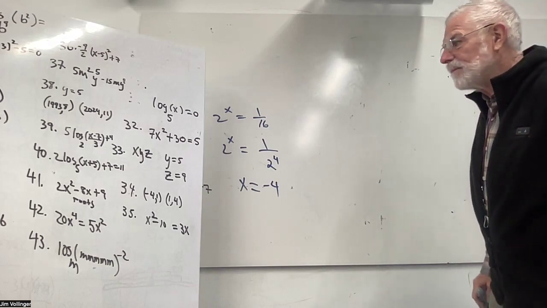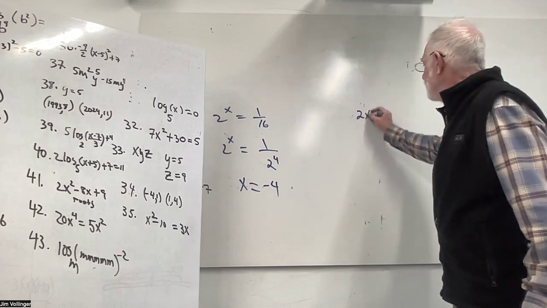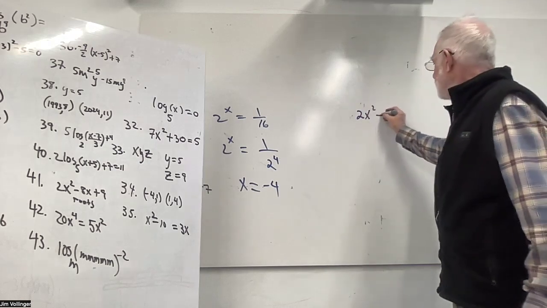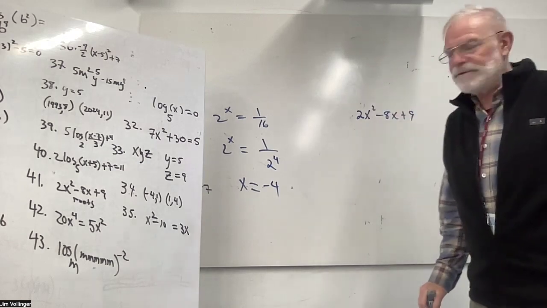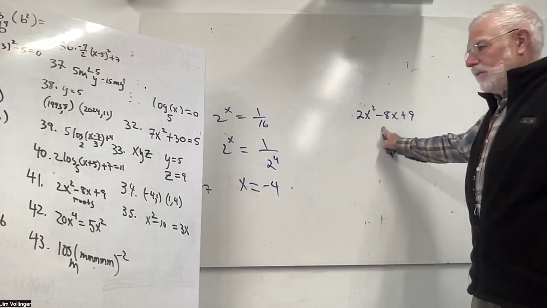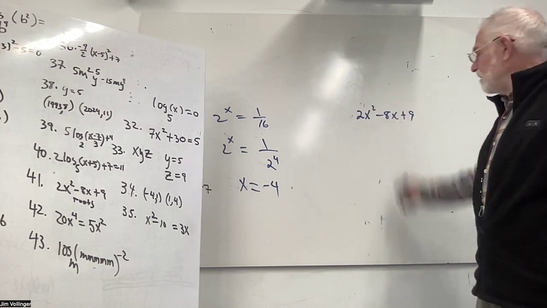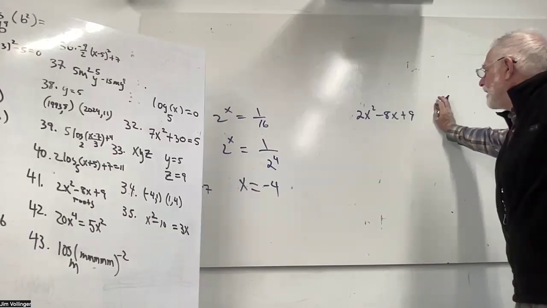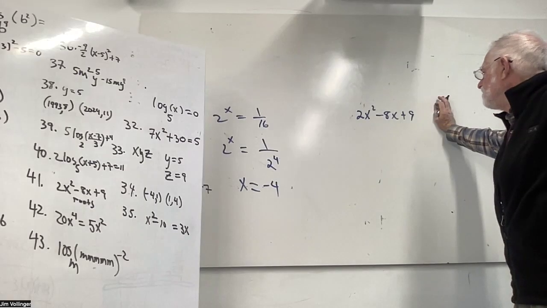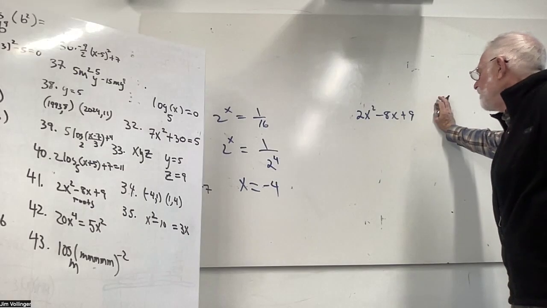All right. 2x squared minus 8x. And I'll uphold the pride of the teaching fraternity. What am I doing with it? Finding the roots. Okay, if I'm finding the roots, do I want to factor that? Probably, I don't, at this stage of the game, I don't want to think.